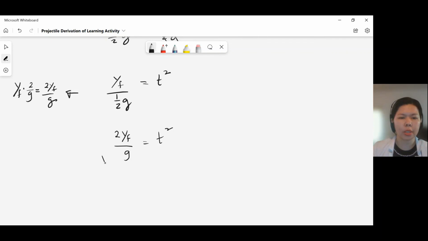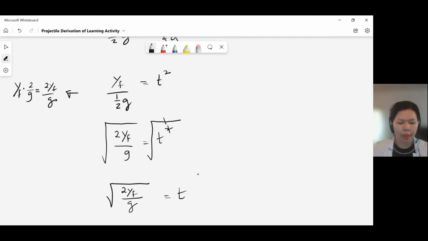We want only t, so square root the entire equation. Square root of square is 1. So on one side, square root of 2 YF over g. On the other side, you have time. And so this is now equation 3.7.c.